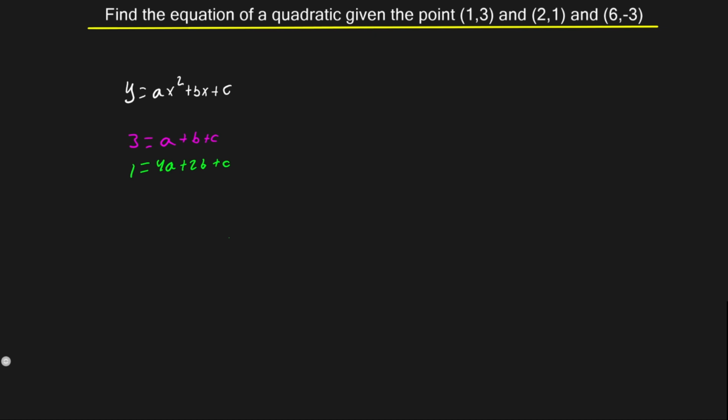And we also have -3 is equal to 36a plus 6b plus c. So we're going to go ahead and use the elimination method by including all three of our equations.